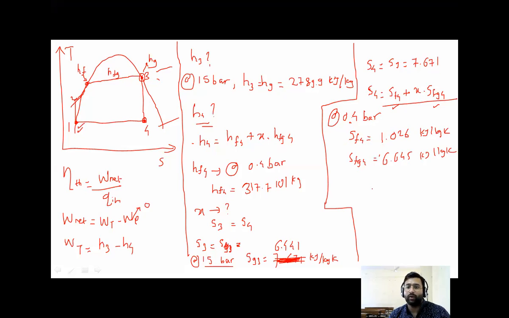S4 is how much? 7.671... Okay, my mistake. Once again: 6.441 will be equal to SF4, which is 1.026, plus X into 6.645. Now from this equation, you calculate the X value.